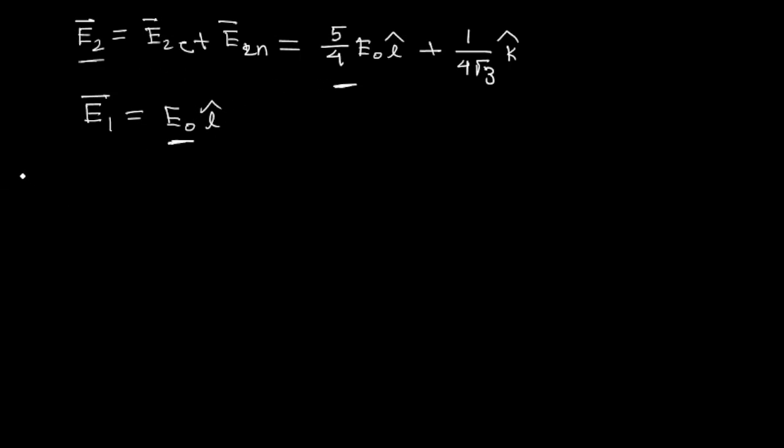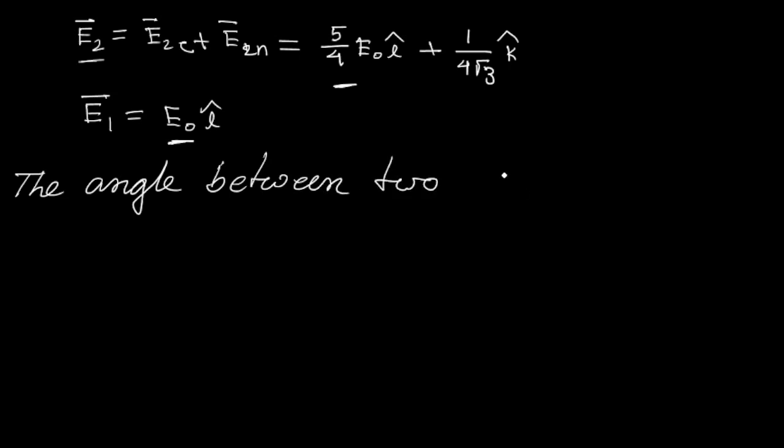So the angle between two vectors is theta equals tan inverse, with theta taken with respect to the positive x-axis.